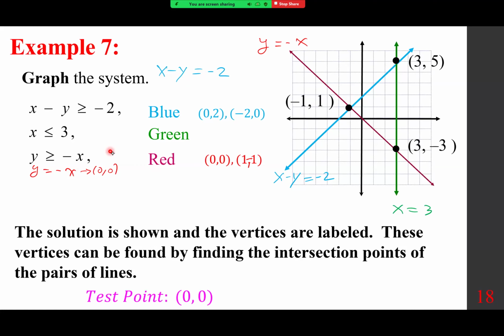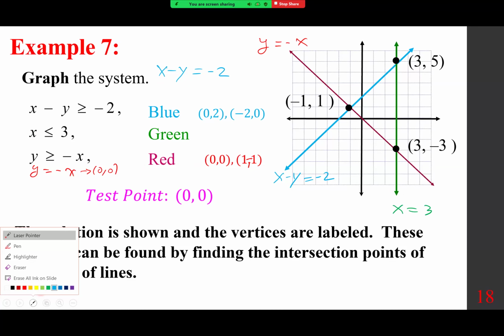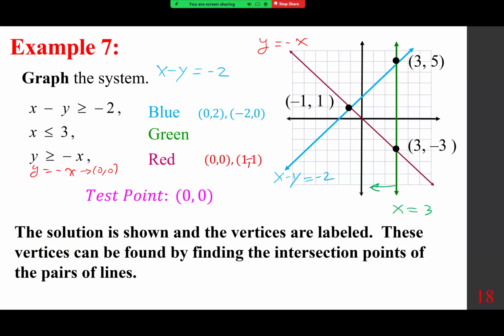And if you use a test point (0, 0), the region becomes in between. I'm going to leave it for you to show that, but just a quick checking. If you look at x less than or equal to 3 is this side. So I'm going to go with the arrows, everybody. So the green one, the answer is this way. The blue one, the answer is this side. You have to shade this region.